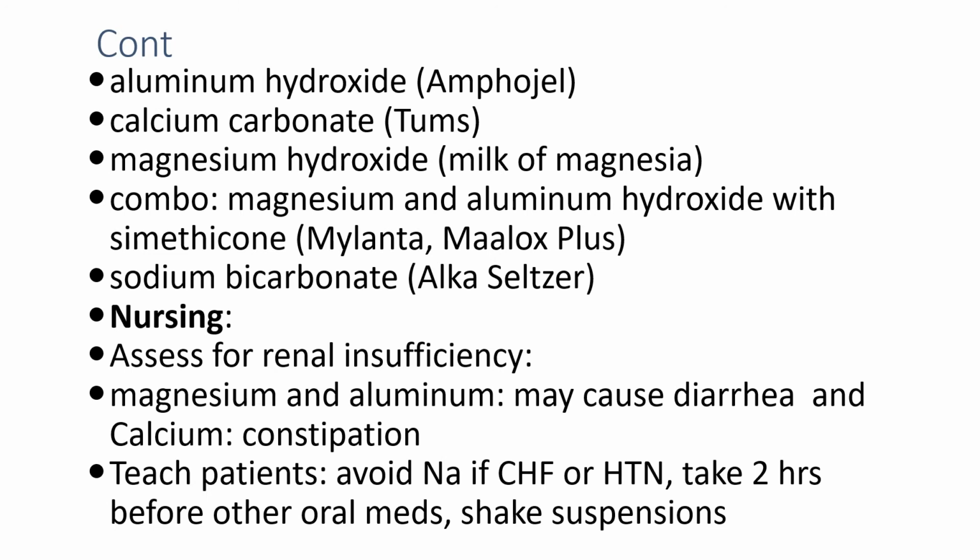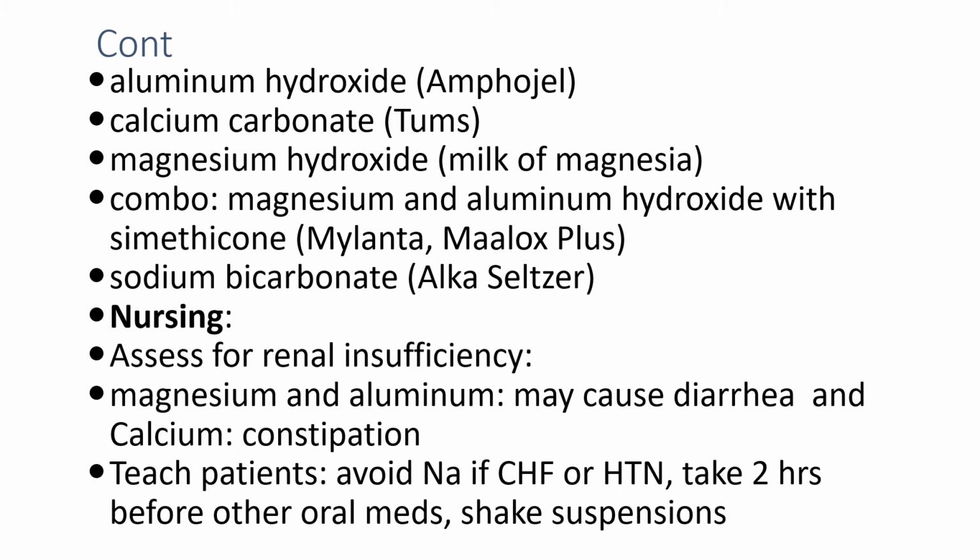Other medications include aluminum hydroxide, which is Amphojel. Aluminum, watch out for, associated with Alzheimer's disease. Calcium carbonate, Tums, and a lot of times people are using the Tums for their intake of excess calcium. Magnesium hydroxide, milk of magnesia, very common medication over the counter. Combo medications include magnesium and aluminum hydroxide with simethicone, which are your Mylanta and your Mylanta Plus.